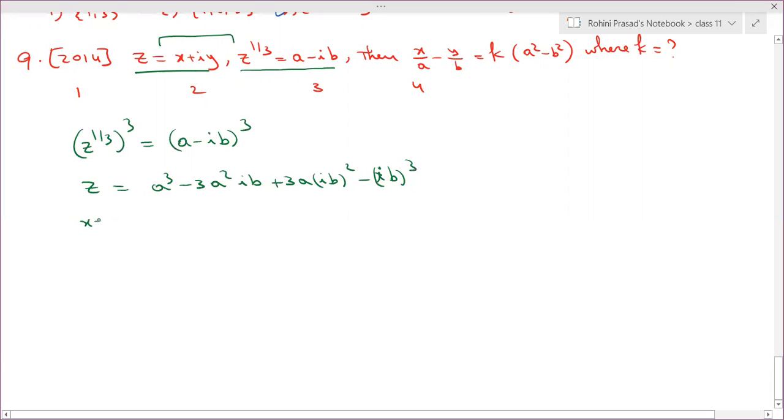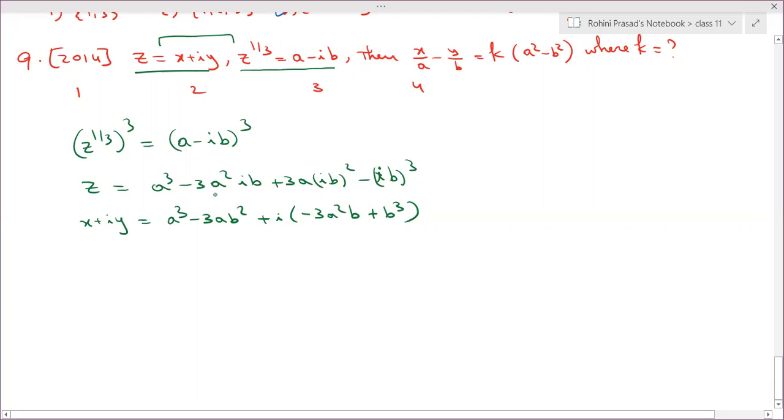So Z is X plus IY equal to A cube minus 3AB square plus I into minus 3A square B, and then this is I cube is minus I, so minus A plus B cube, I taken common.